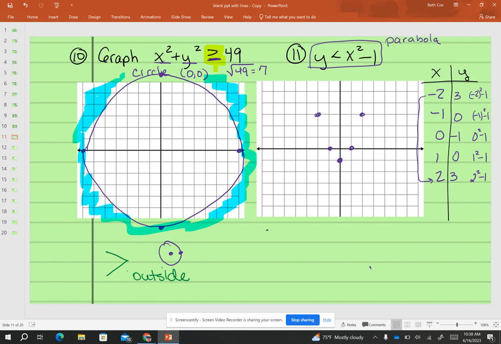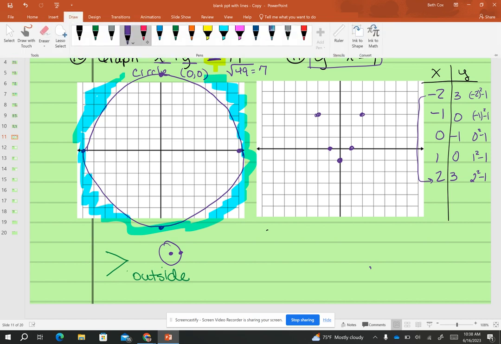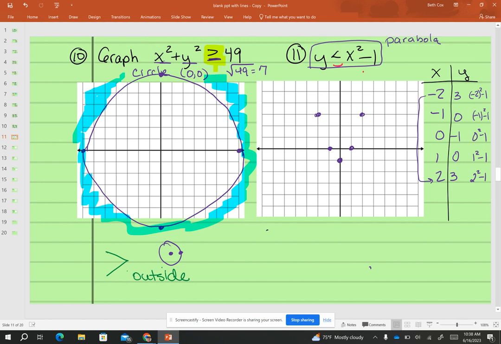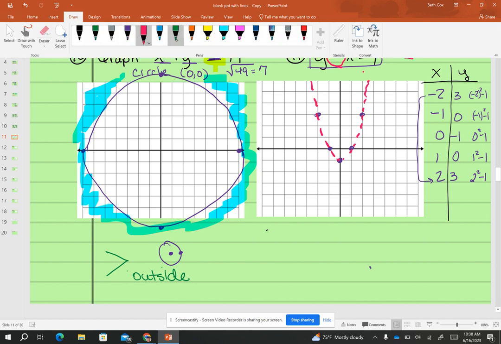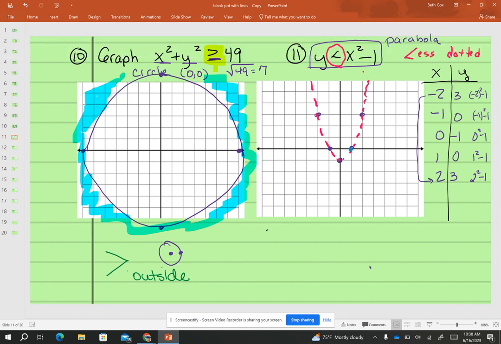There's my parabola. Now, I need to know, is it dotted or solid? Right here. This is less than, and it is dotted. So a dotted shape, and less than means find a point and shade directly below.